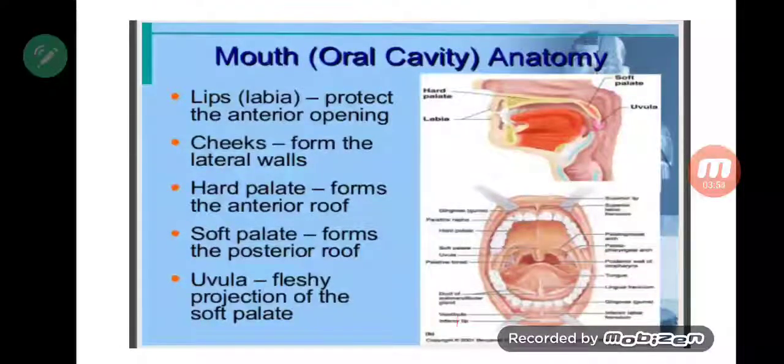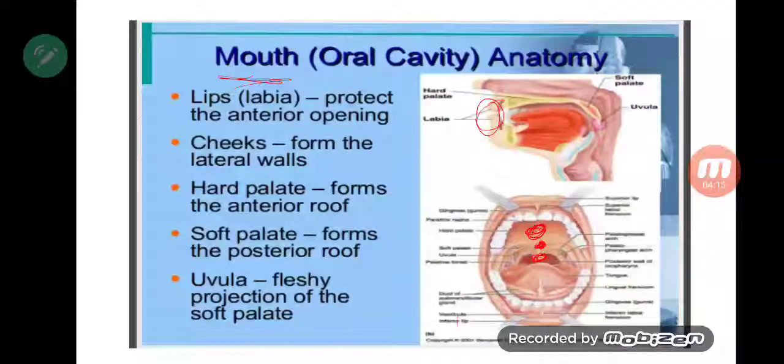Here is the mouth and oral cavity, starting with the lips, and we have the cheek outside, and the hard palate, which is here, and the soft palate below it, and the uvula.